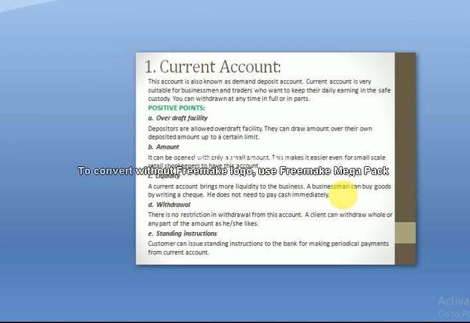There are no restrictions on deposits and drawings. It means the customer can deposit money anytime within banking hours, and can also withdraw money. There is no restriction, no limits.